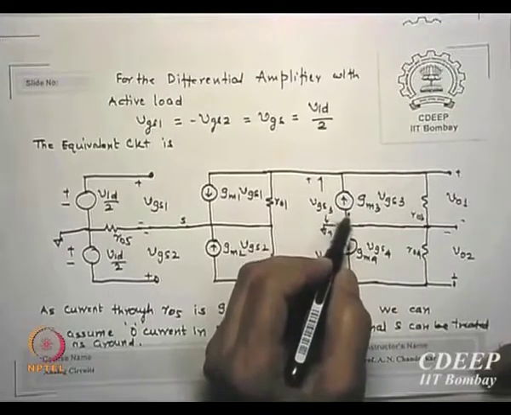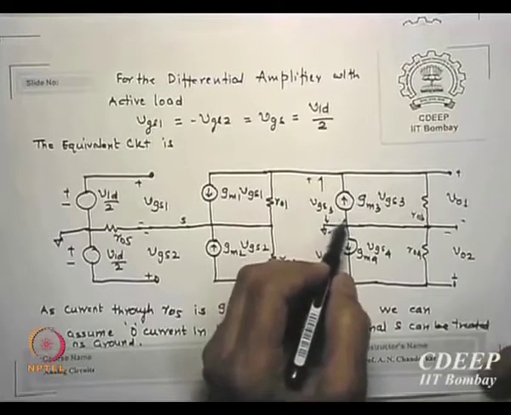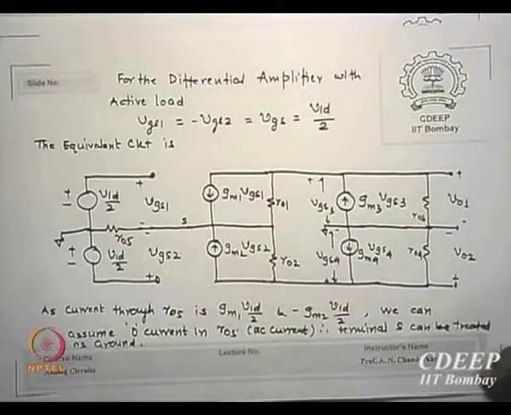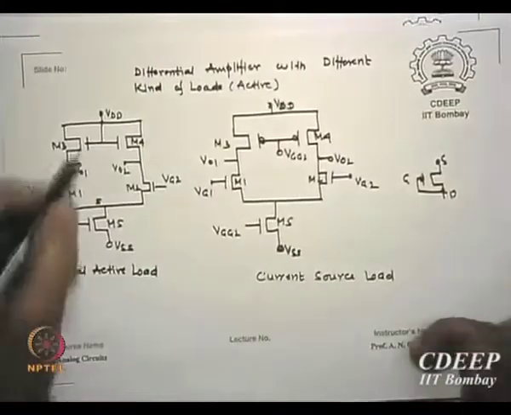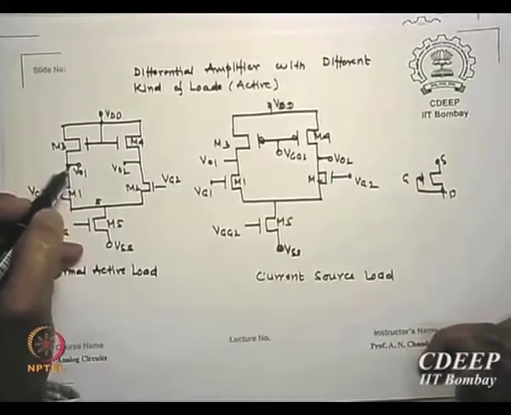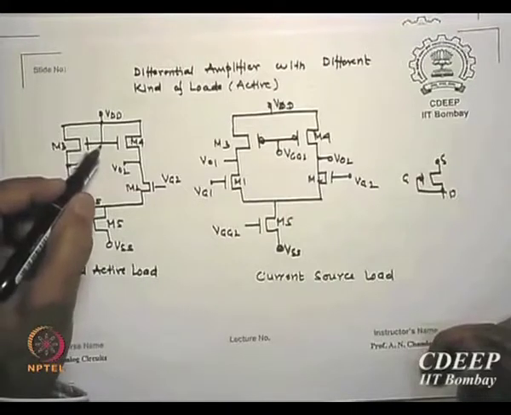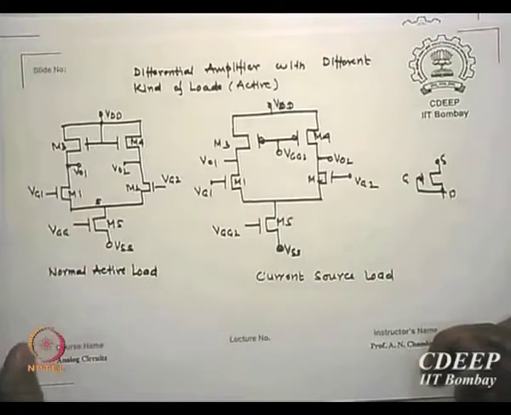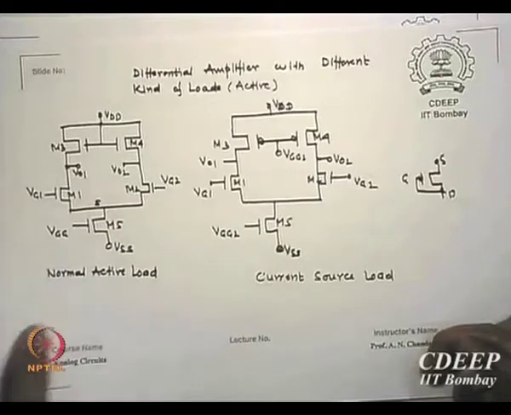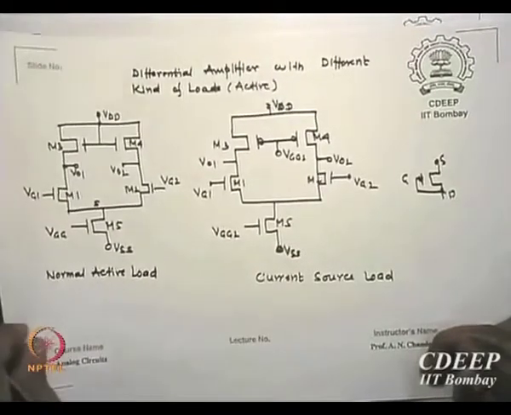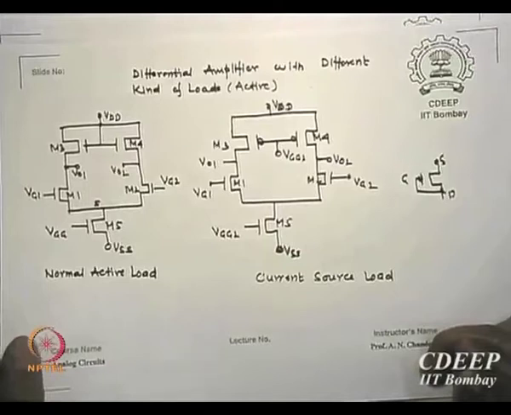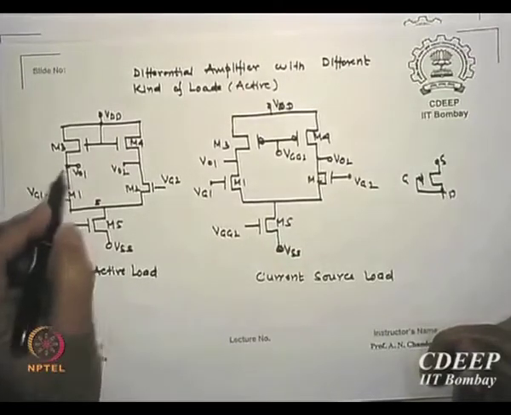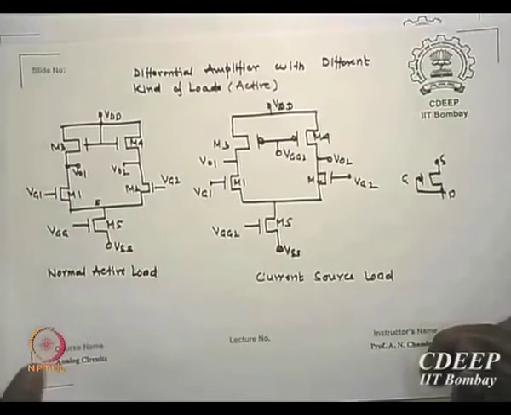So a transistor in saturation will receive some signal. Since there is a potential here and this is grounded, there is a VGS available for both M3 and M4. Is that point clear? If there is a potential here, they act like a VGS for M3 and M4.